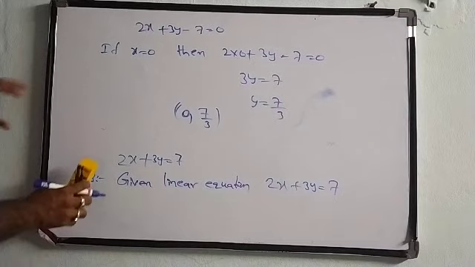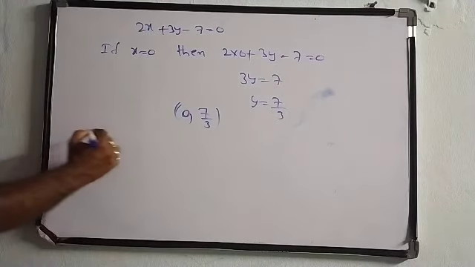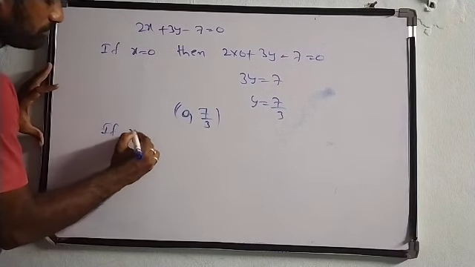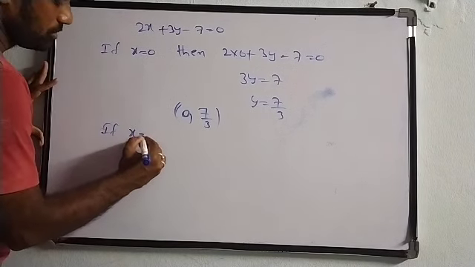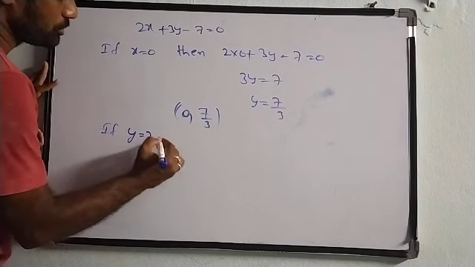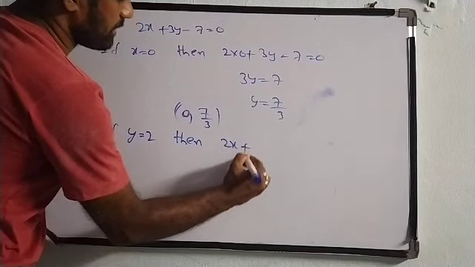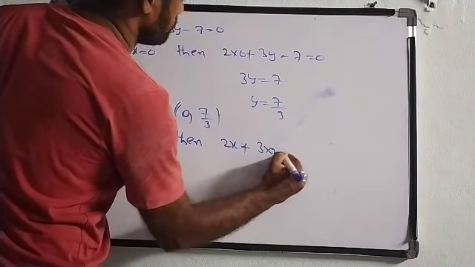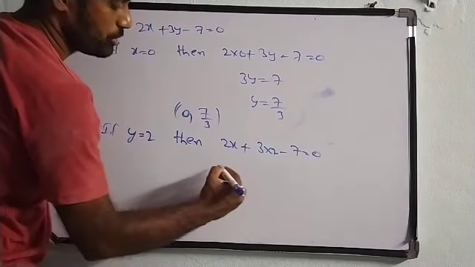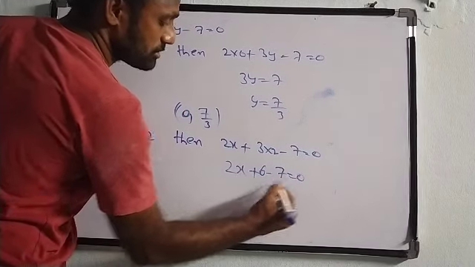Next, if I take another solution, why? Because the question is asking two different solutions. So let me assume y is equals to 2, then 2x plus 3 into 2 minus 7 is equals to 0. So 2x plus 6 minus 7 is equals to 0.